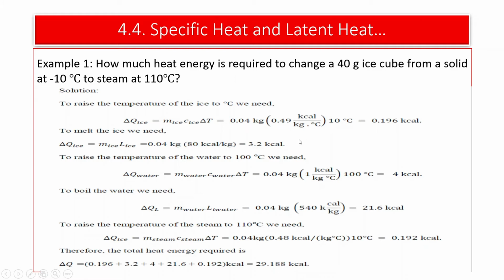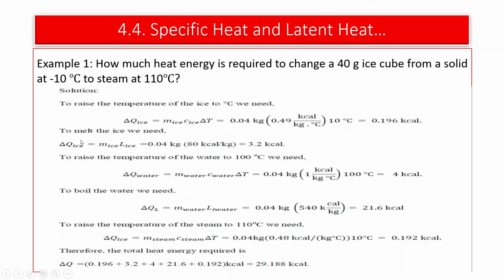The specific heat capacity of ice is 0.49 kilocalorie per kilogram degree Celsius. From minus 10 to 0, the change is 10. Then finally we get 0.196 kilocalorie. This is only the first one, which is Q1.